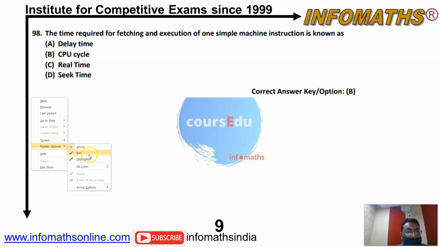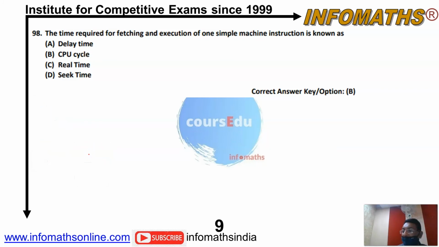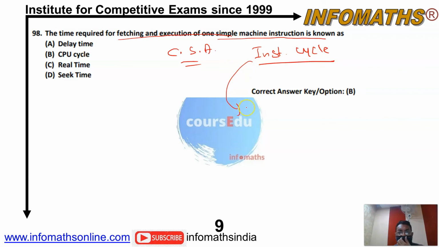Next one is from fundamentals. The time required for fetching and execution of one simple machine instruction is known as, this is from computer system architecture, the instruction cycle, how the instructions are executed. As you know, an instruction is executed by going through some stages.